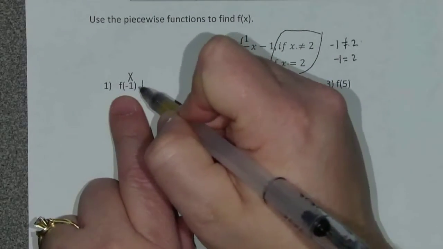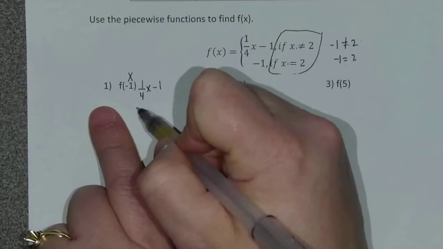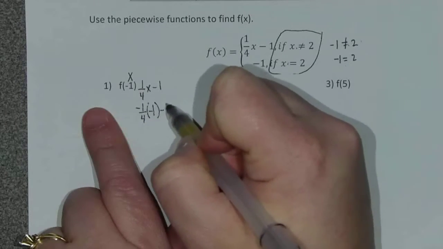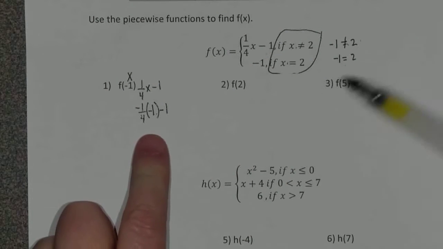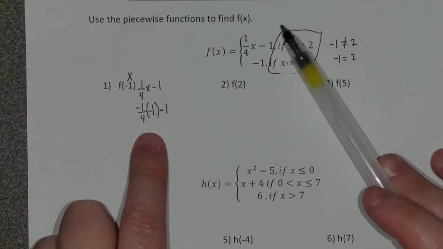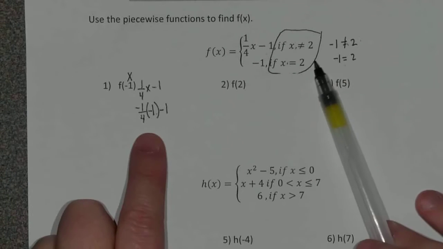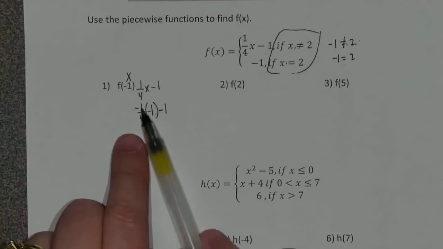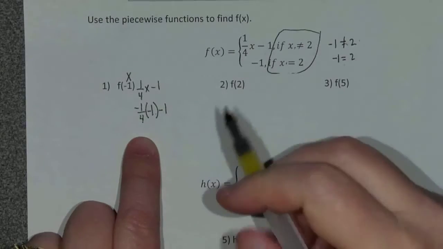So instead of 1/4 x minus 1, I'm going to do 1/4 times negative 1 minus 1, because I substitute this into the function, and I figured out which function to substitute it into by checking the restrictions on my x values at the back. So just solve this for me now. A negative 1/4, or I said that wrong, I'm sorry.